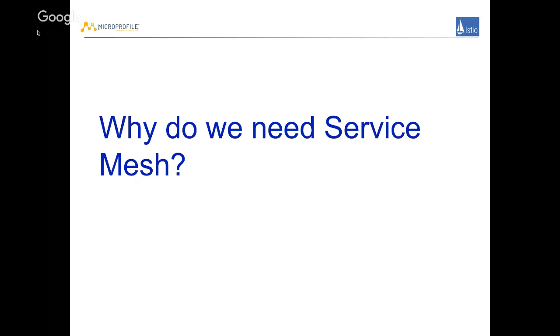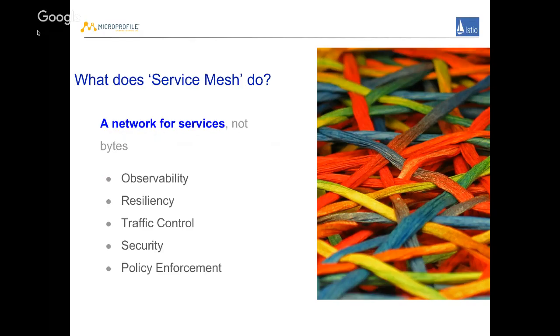Okay, thank you, Heiko. So now you have an idea: if you do microservices and when the number of microservices goes up, you need to consider a service mesh. So service mesh is to manage service to service communications.